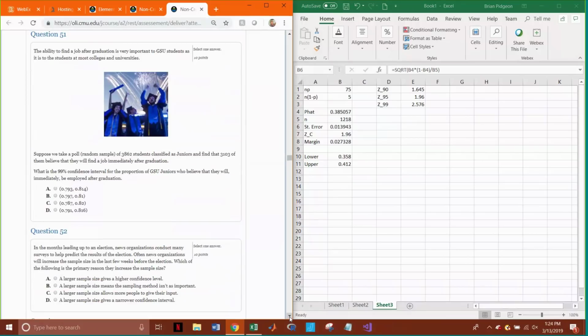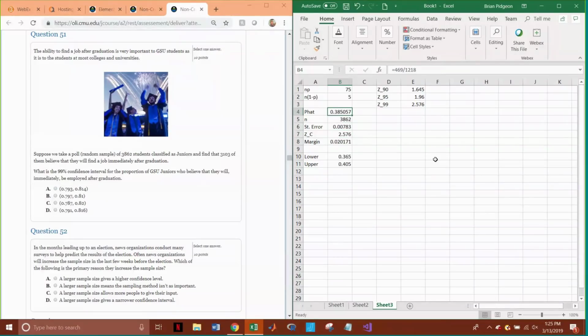Same thing with question 51. Our sample now is a poll of 3,862. That's our new sample, 3,862. Now we want a 99% confidence interval, so we have to change our critical z-score to 2.576.